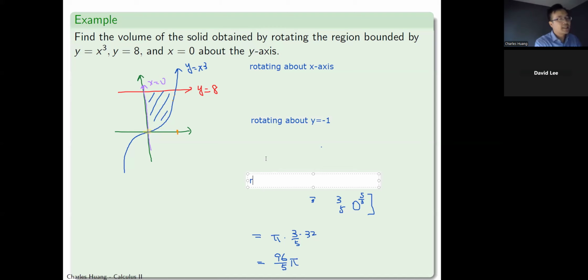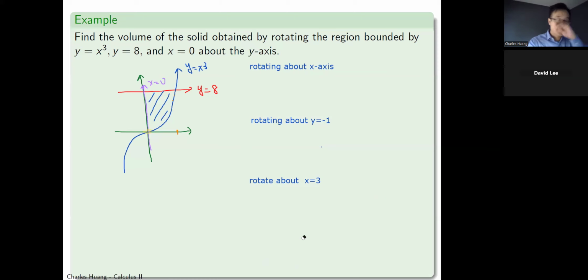And let's rotate about x equal to 3. Let's try that. Right, so we'll have a couple of different ones. And so this exercise here, we're just trying to come up with the integral.